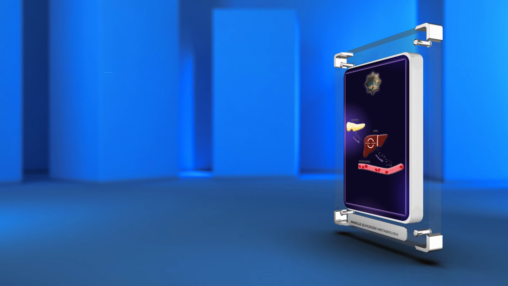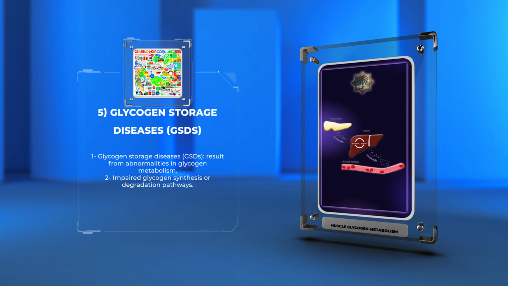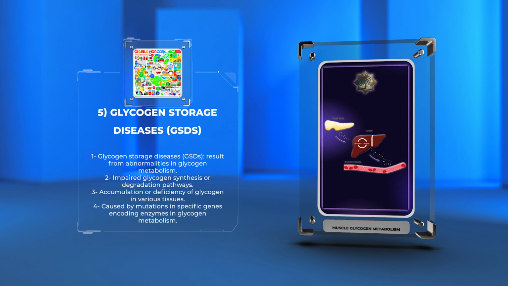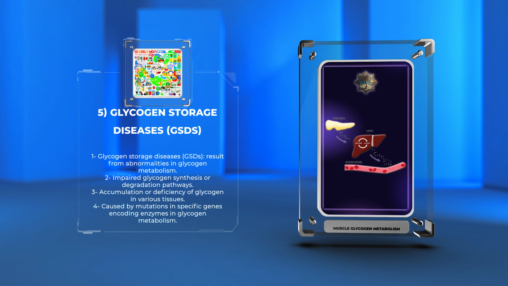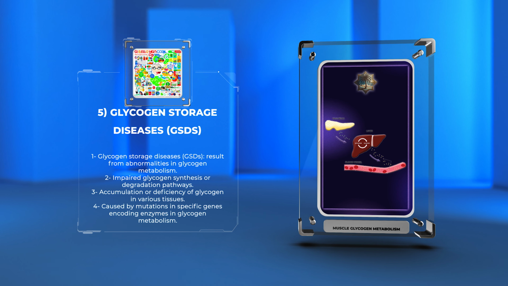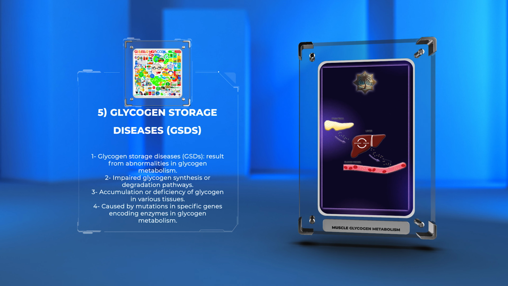Glycogen storage diseases, GSDs, encompass a group of inherited disorders that result from abnormalities in glycogen metabolism. These diseases are characterized by impaired glycogen synthesis or degradation pathways, leading to the accumulation or deficiency of glycogen in various tissues.